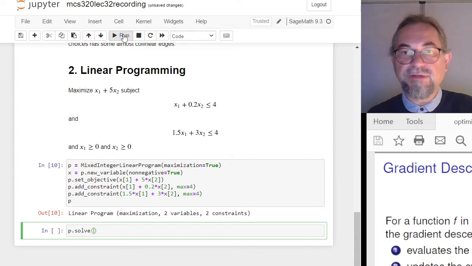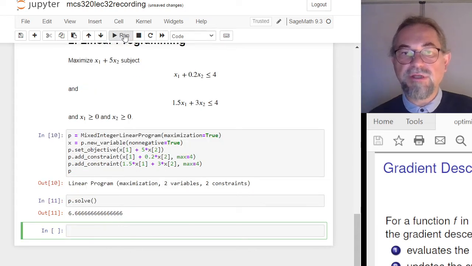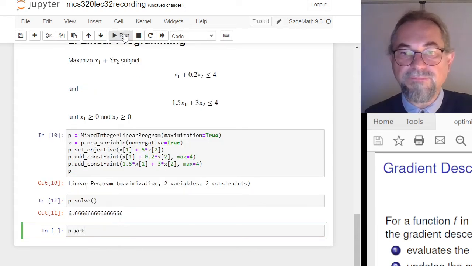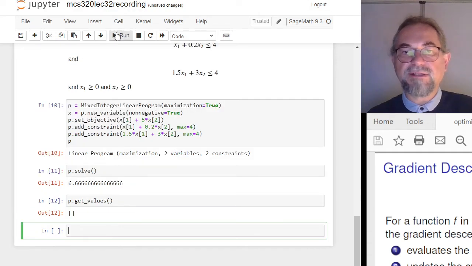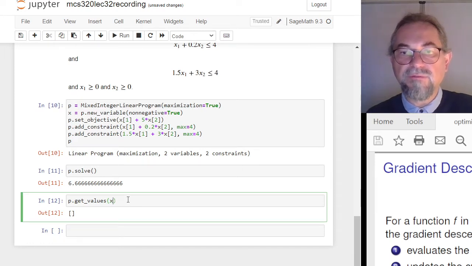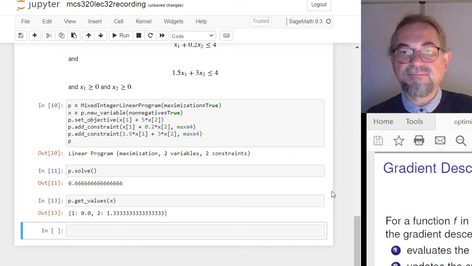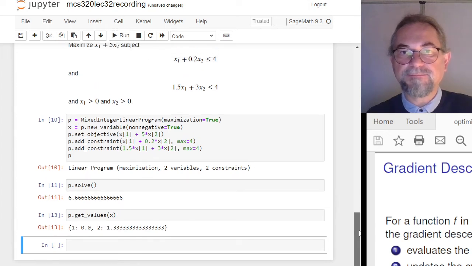It's important that we can interpret the result. So we can solve this and then also get the values for x. There's no x and y here.